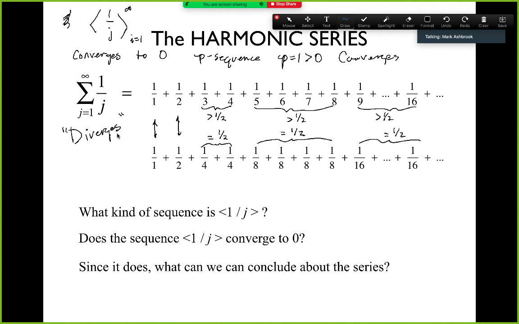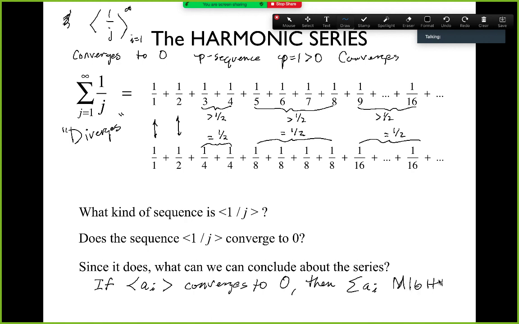So if the sequence converges to 0, what's the conclusion? It might converge. Depending on the sequence.